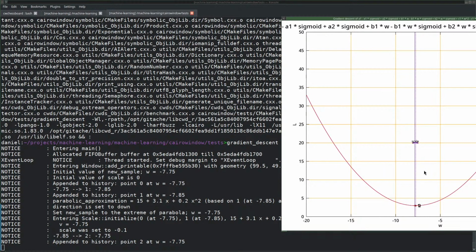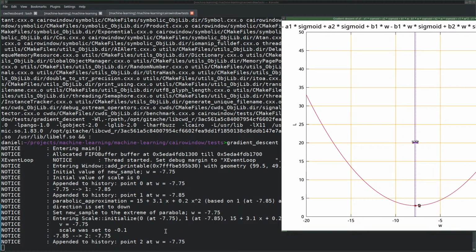Previously we didn't know anything, so we just made a little step. But now we have a parabola, so we can find the vertex of that, the minimum. And that minimum is minus 7.75. So now it's going to say, oh, but we don't move. We're already there, and now we found again the same point.